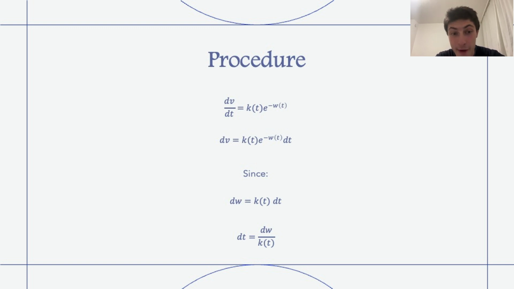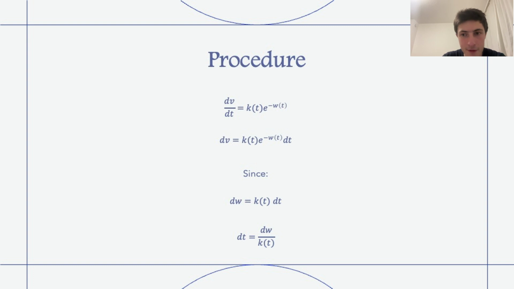However, we want everything in the w world. So we don't want that k. That k is very nasty because we just changed the variable. So we want to define this in terms of dw. And that's what we actually do. We know that dw is equal to k of t dt because that's the initial definition.